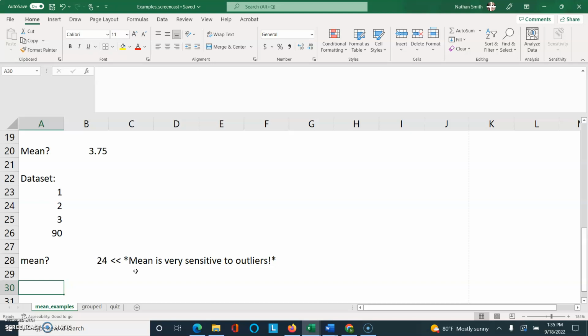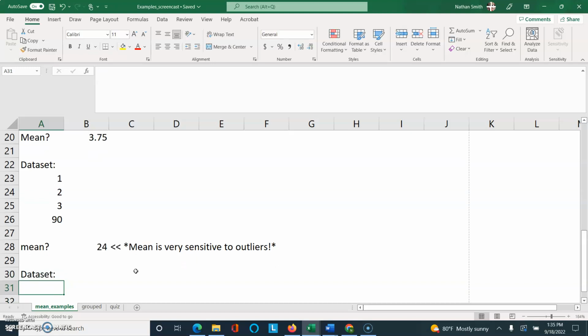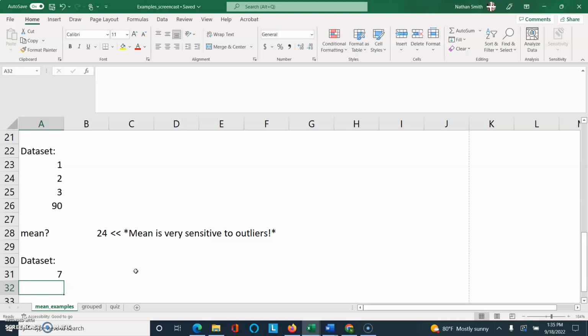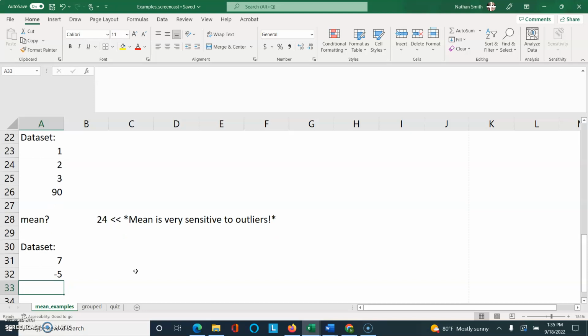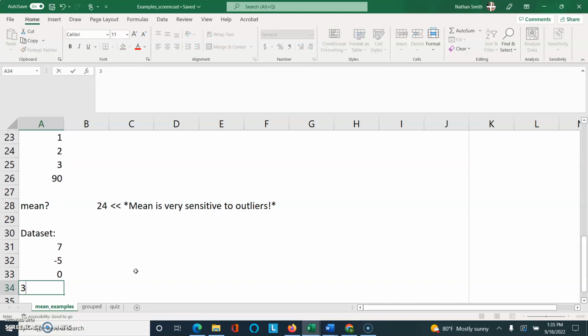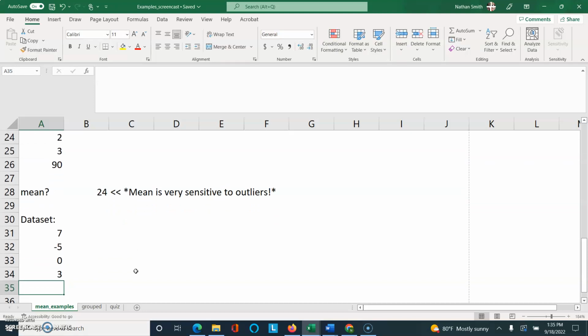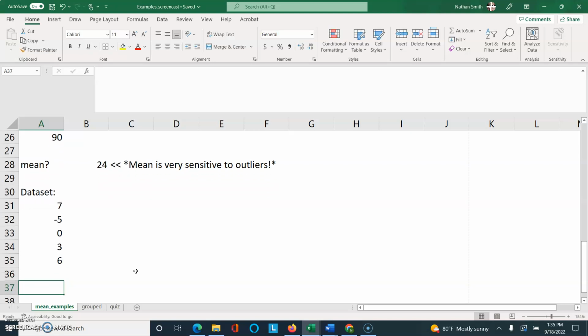Okay, let's practice with one more here. You can also run the mean on a data set with zeros or negative numbers. So let's practice with that. Let's suppose we have a data set with a 7, a -5, a 0, a 3, and a 6. Okay, let's run the mean. Add up the numbers and divide by the number of numbers.